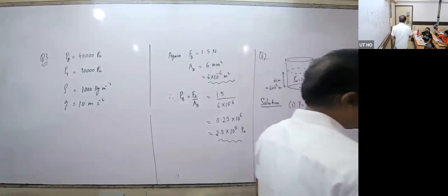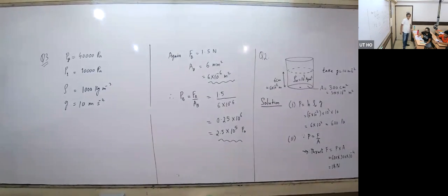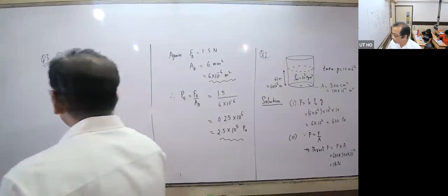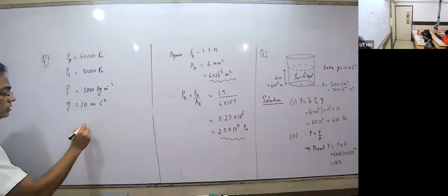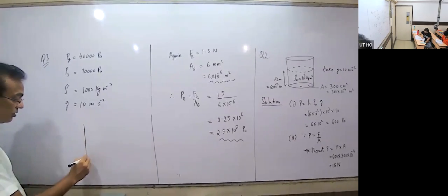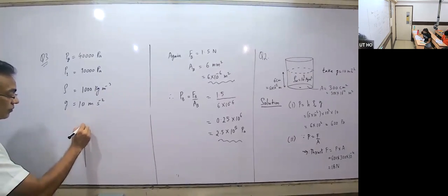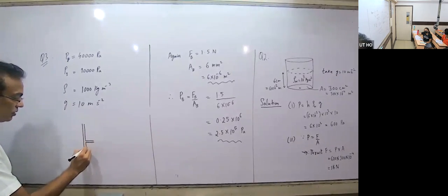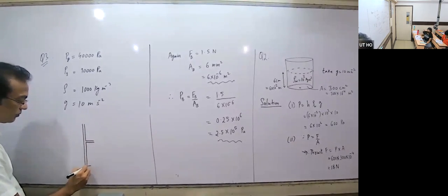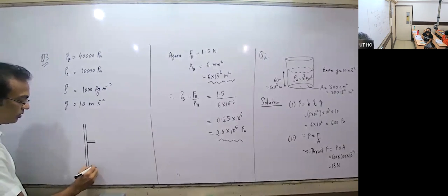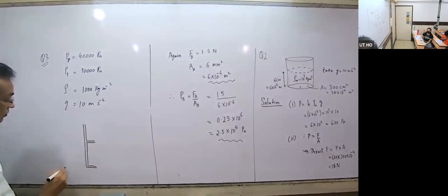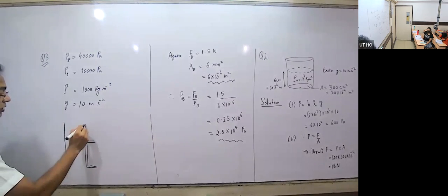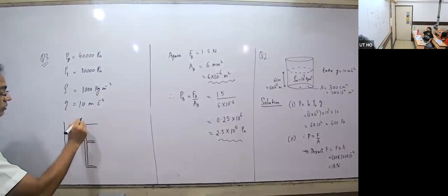So how will you do it? Have you understood what the scenario is? Let's say this is how the pipe is. This is the first floor and this is the ground, right? Let's say this is the water tank, from here this water is coming, right?